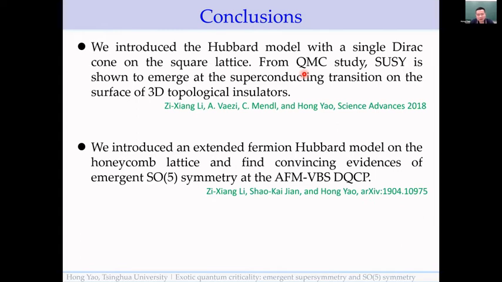After that, I showed from the quantum Monte Carlo study that the extended fermion-Hubbard model on the honeycomb lattice has a transition between the VBS and antiparallel states, and in some parameter region the transition is shown to be continuous with emergent SO(5) symmetry. And we think that this is probably the first numerical evidence of DQCP with emergent SO(5) symmetry in a fermionic model.